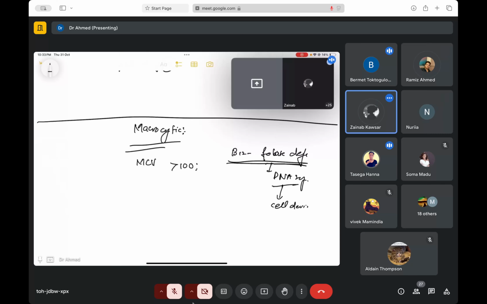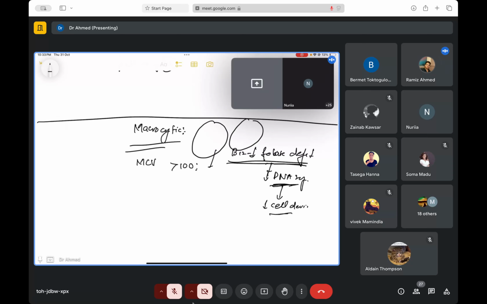If you have less vitamin B12 or folate, it means you have less DNA being formed. Simply, you can think of it as seeing less division. If I have less division, it means the cells would be big. Macrocytic. Simply, you can remember it in this way.